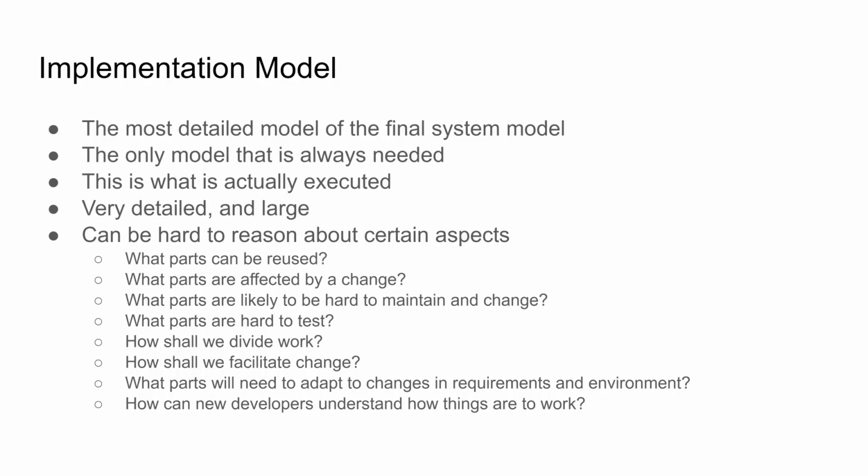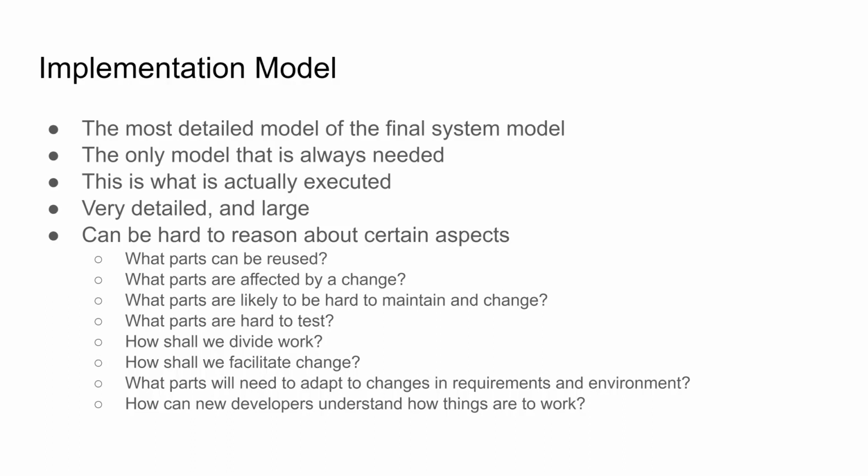Can we decide what parts will be affected by a certain type of change? Not that easy by just looking at the source code. And similarly, it's hard to know what parts are hard to test. It can be hard to know how we should divide work between us. How shall we facilitate change? What parts will need changing or simplification to make it easier to change them?